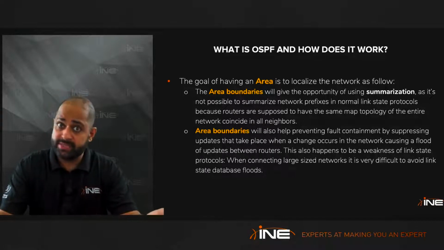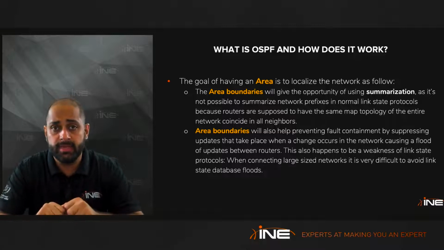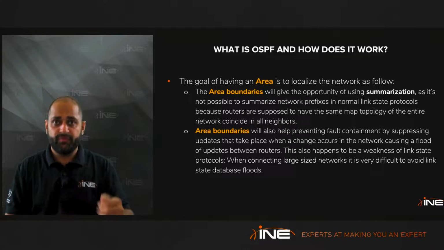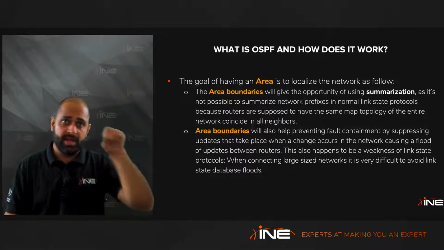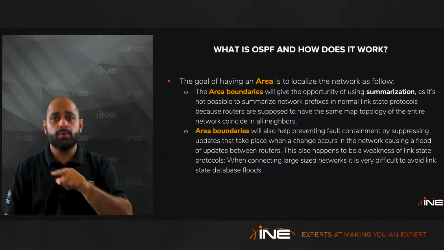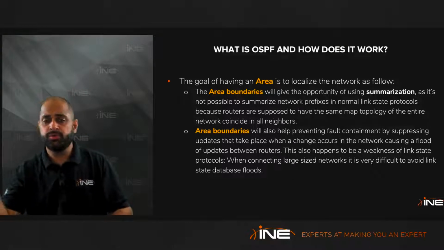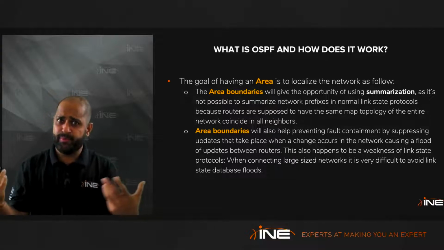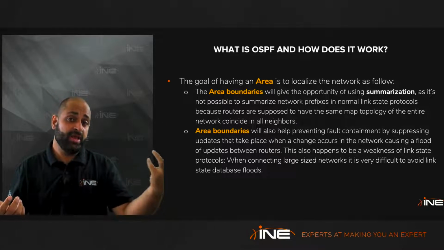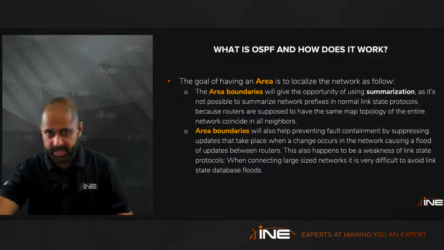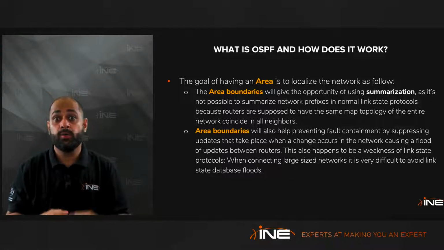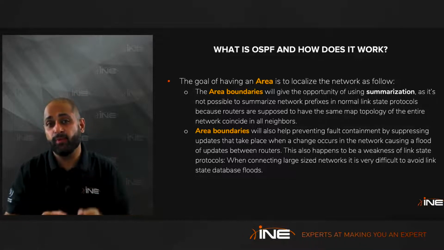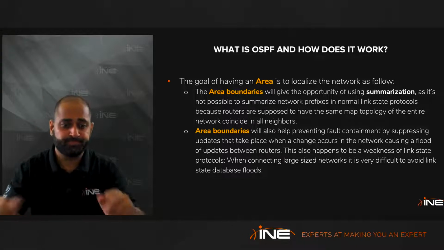So area boundaries are going to be created using multiple areas. If you want LSA 1 of area 1 to not go to area 2, then you would create a boundary with an ABR which separates LSA 1 of area 1 and LSA 1 of area 2, through an ABR which has the backbone area running on that router.